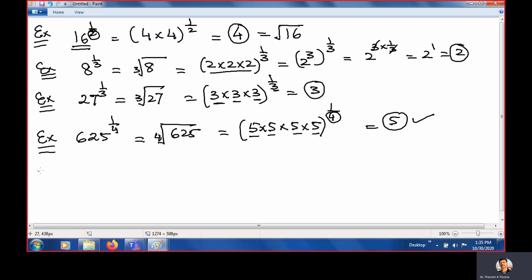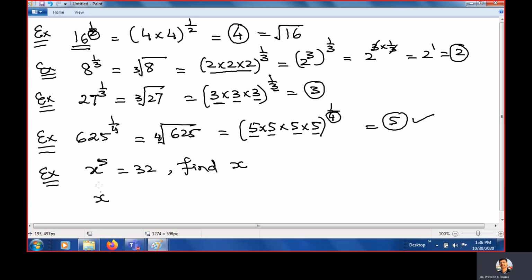And say the question comes, for example, x to the power 5 is equal to 32. Clear? Find x. So how will we get it? x to the power 5.